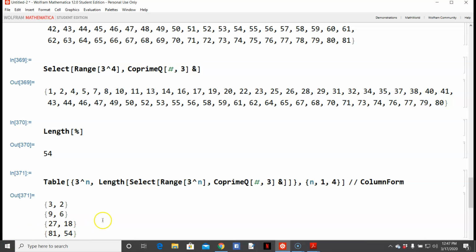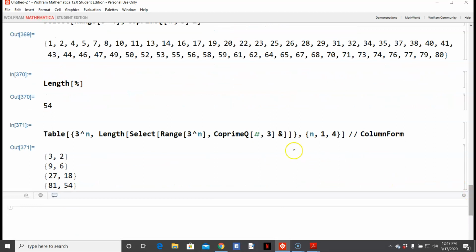Now, that may not seem like an obvious pattern, but there is one if you look. If I take 9 minus 3, I get 6. If I take 27 and subtract 9, I get 18. And if I take 81 and subtract 27, I get 54.